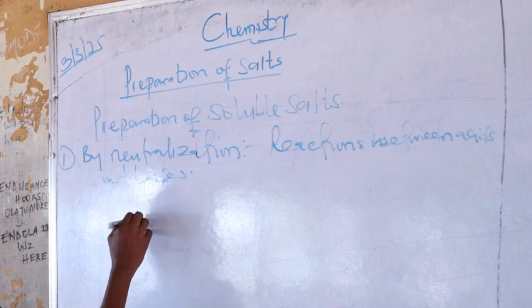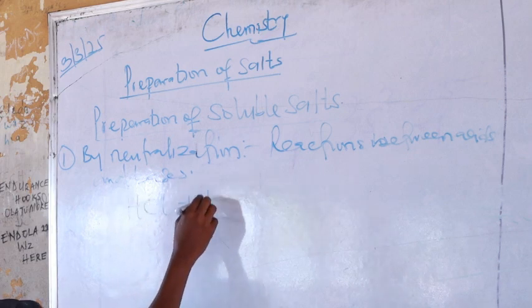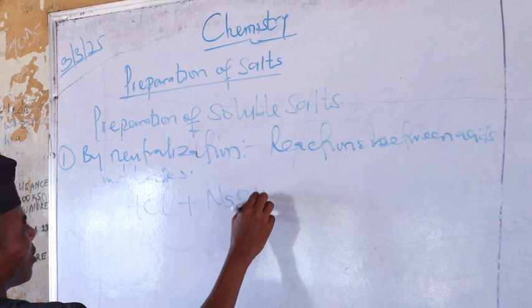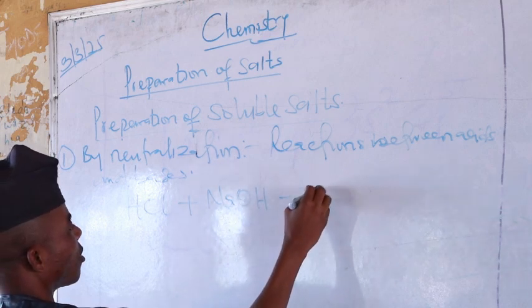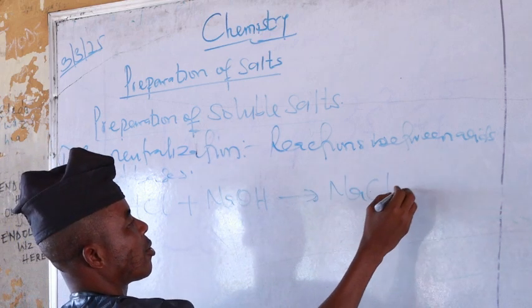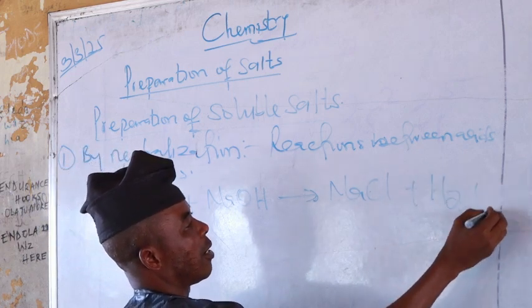For example, HCl reacting with sodium hydroxide will give us sodium chloride, which is salt, and water.